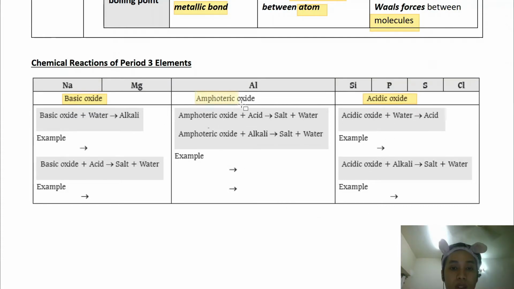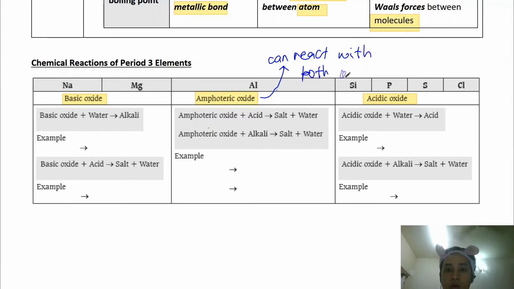Now, amphoteric oxides. The meaning of amphoteric oxide is that this particular element, which is aluminium, can react with both acid and base. So remember, aluminium oxide can react with both acid and base, or in other words, alkali.